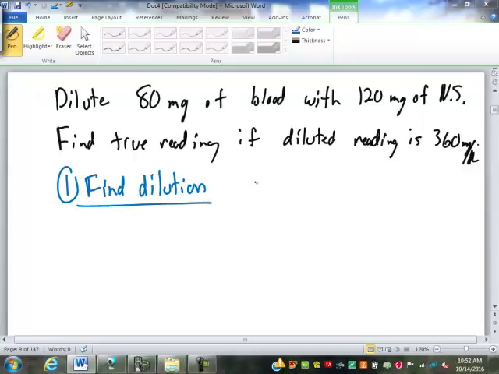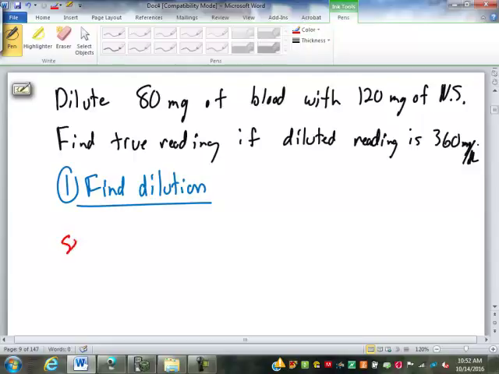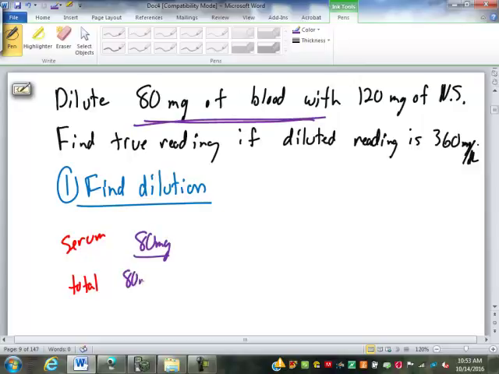So our first step to try this would be to find the dilution. And of course, the dilution is serum to total volume. How much is our serum here? That's the blood, that's the concentrate, 80 milligrams. What's our total? 200, perfect. 80 milligrams plus the 120 milligrams of water.